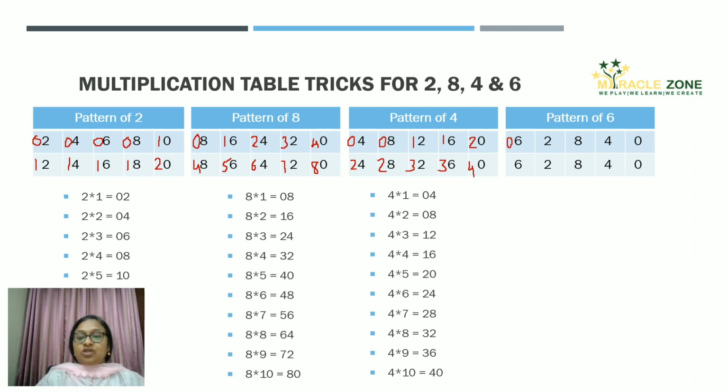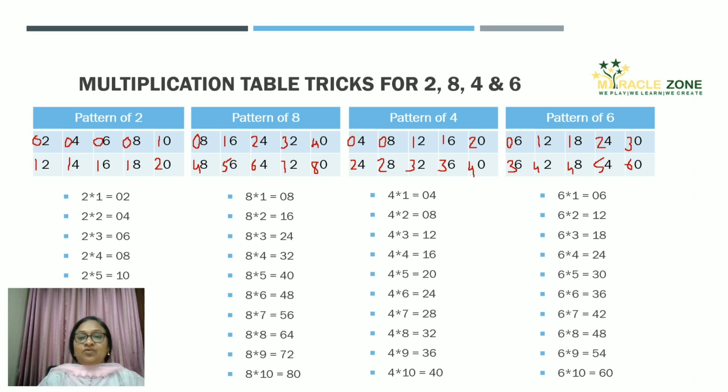Starting with 0. 2 is less than 6, so we will increment by 1. 8 is greater than 2, so we will keep the same number. 4 is less than 8, so we will increment. 0 is less than 4, so we will increment. 6 is greater than 0, so we will keep the same number. 2 is less than 6, so we will increment. 4 here is less than, so we will increment. This is also less than, so we will increment.